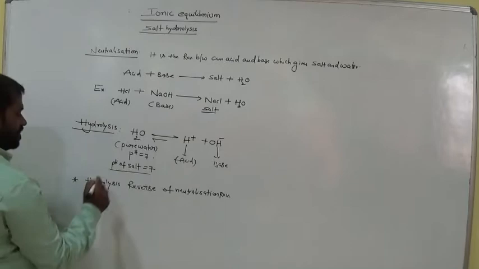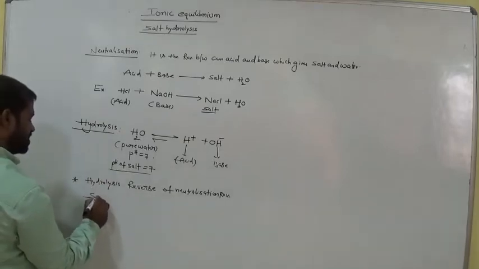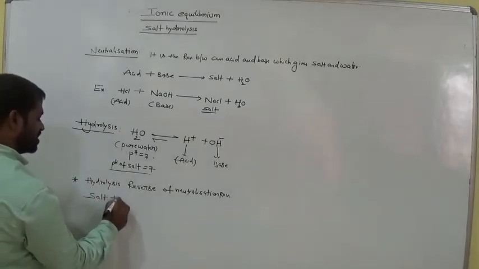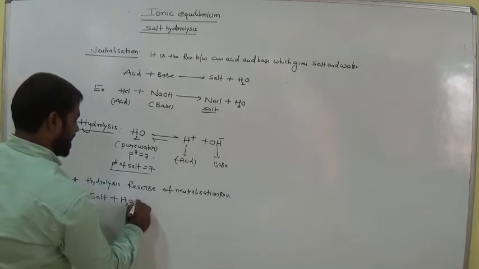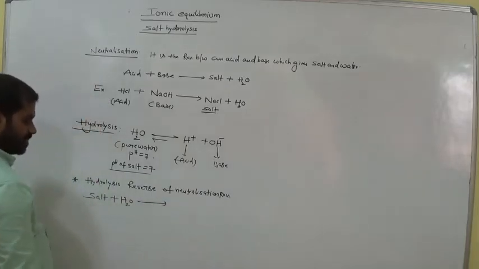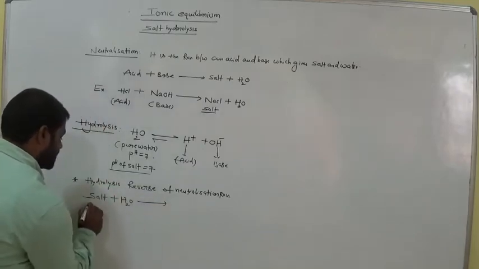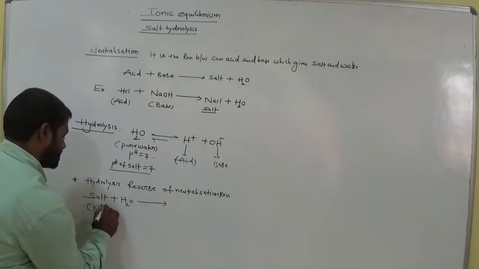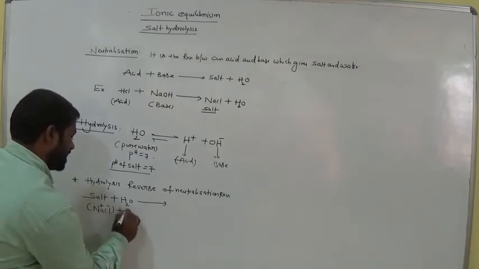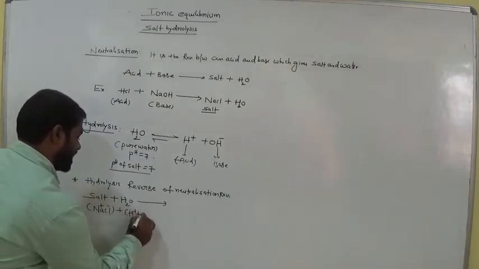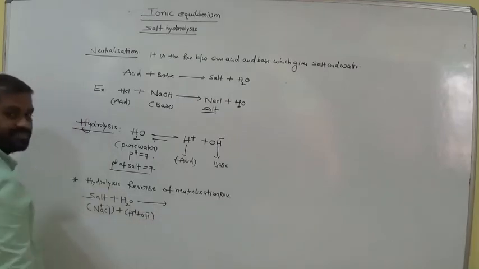So let's see. That is the salt. It undergoes reaction. Let's take the example NaCl, where it is plus and minus. What are the ions present in water? H plus and OH minus, am I right?